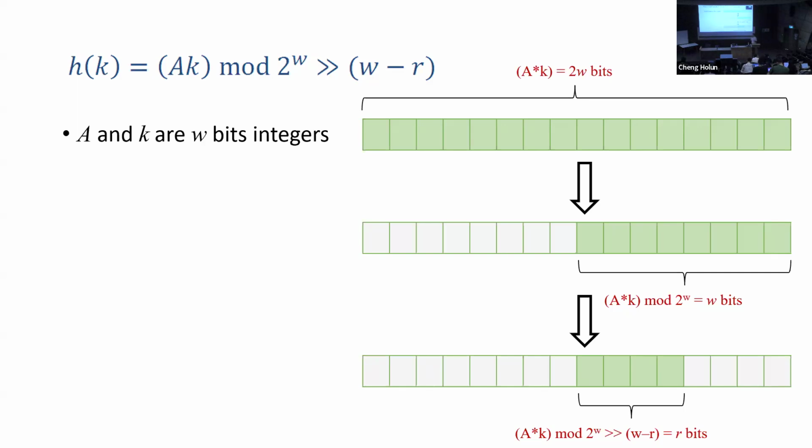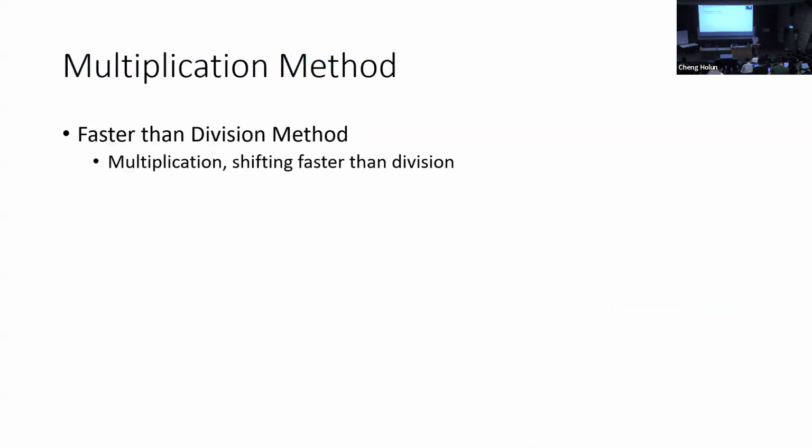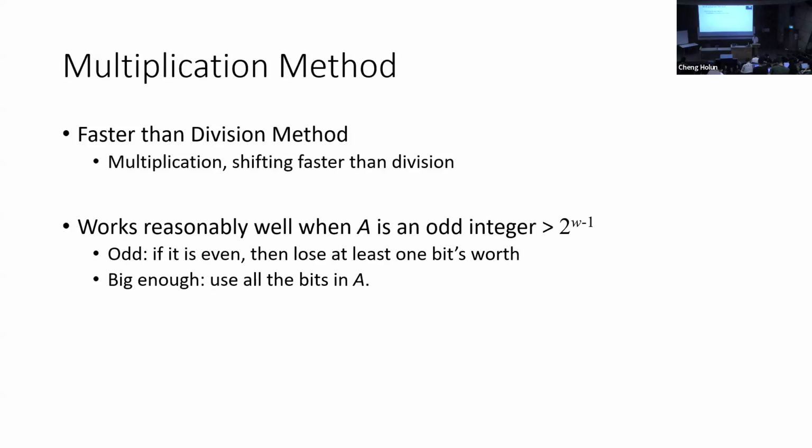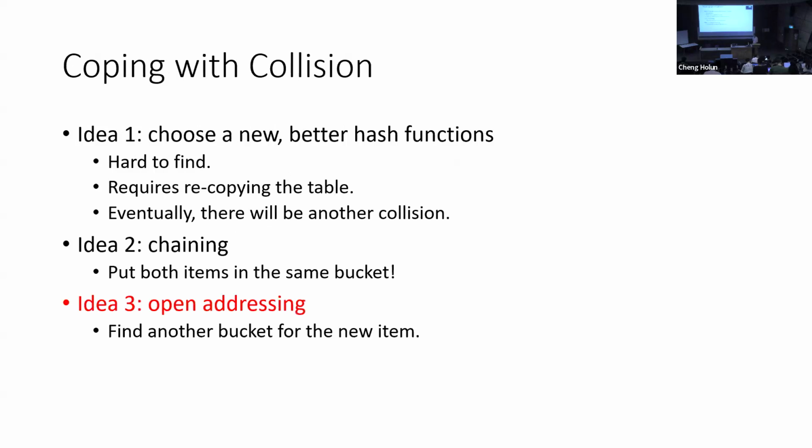And finally, you get an r-bit number, and that will be your table entry. And this is a lot faster than the division method. I don't know whether you noticed that multiplication is always faster than division. And if a is an odd number, you get a reasonably good hash function.